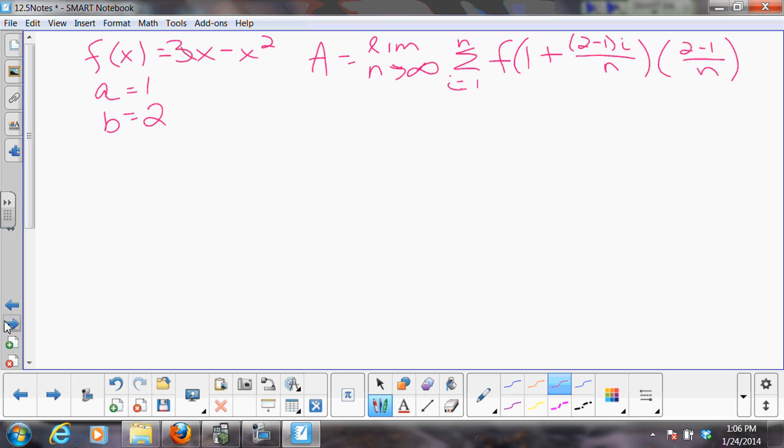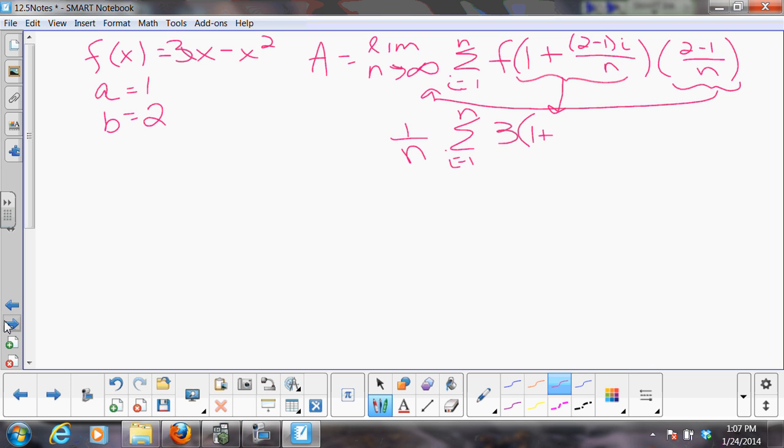Okay, so now I'm going to take this and put it in my function. I'm actually going to factor this piece out. So 3x, if this is x, this goes there. 2 minus 1 is 1, so this is just i over n minus 1 plus i over n squared.